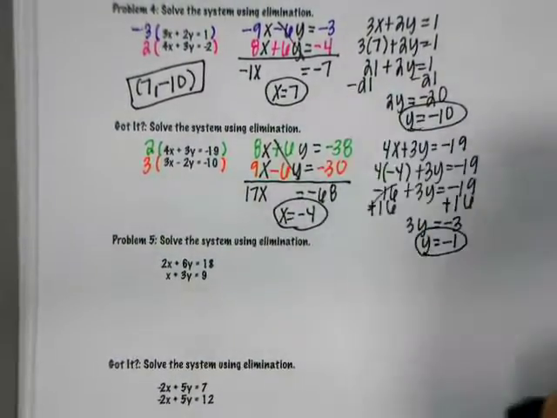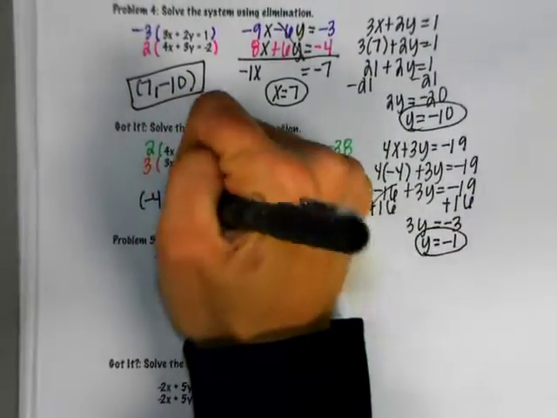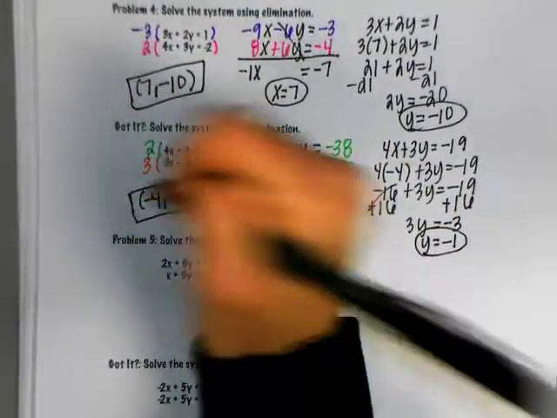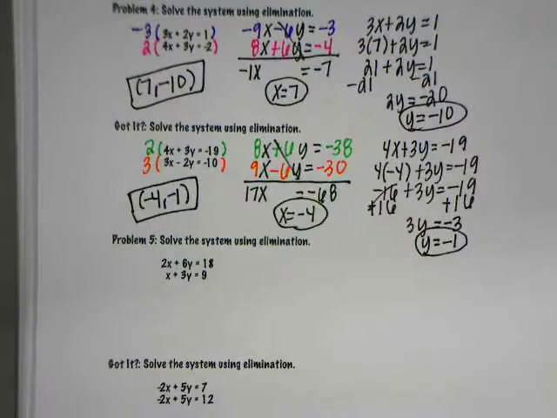Negative 1. Yep, so you're going to have negative 4, negative 1. Good? Yeah. You have to get the same answer. Yeah, because this should be where the two lines cross each other if you graph them.